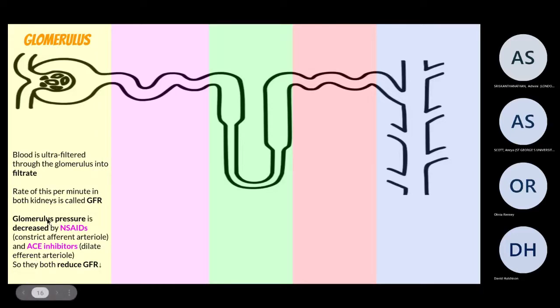Your glomerular pressure is decreased by NSAIDs, non-steroidal anti-inflammatories, and by ACE inhibitors. Basically, these are two drugs that act on the afferent and efferent arteriole in the glomerulus complex. All you have to know is that they both reduce GFR.